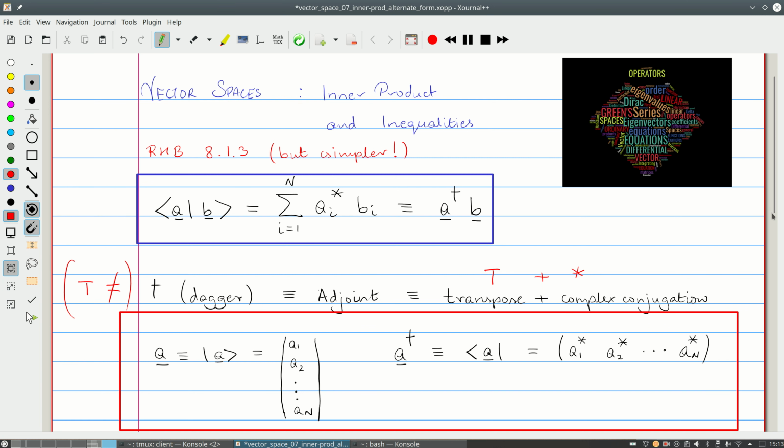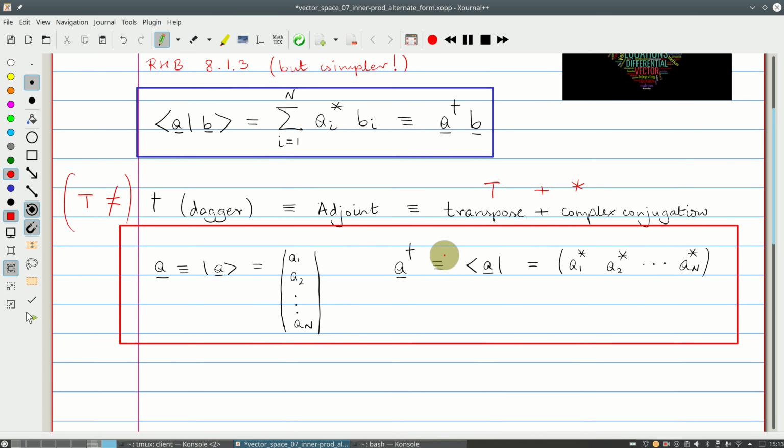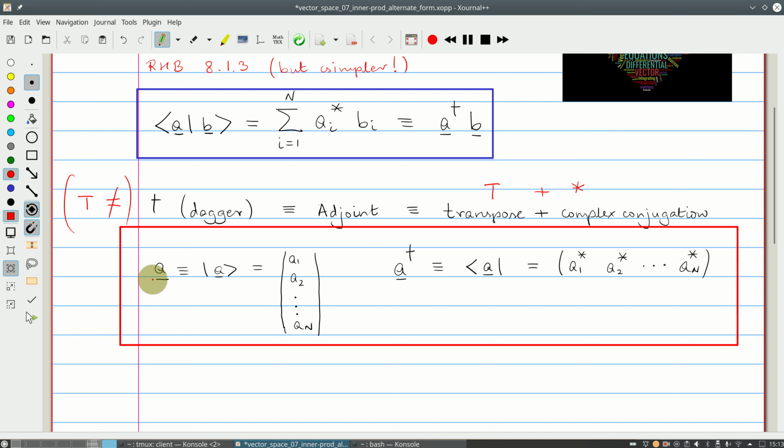So what does the adjoint do to a vector? Let's have a look at how we're going to think of vectors now. We can write the vector A with a bar underneath, or we can write it as a Dirac ket, or we can write it as a column vector where A1, A2 and the A_n are the components of A in a particular basis.